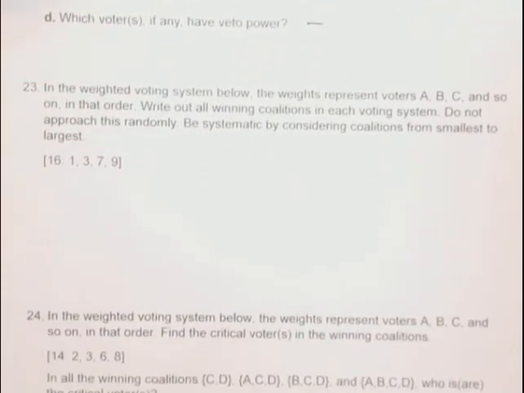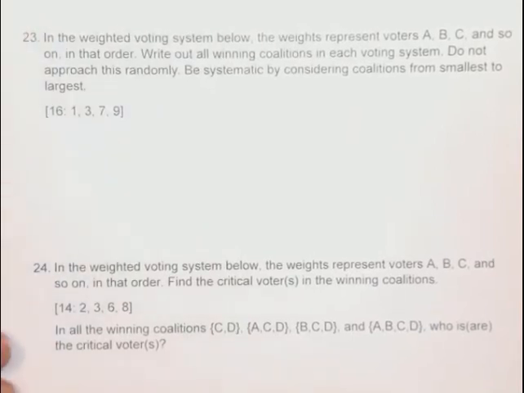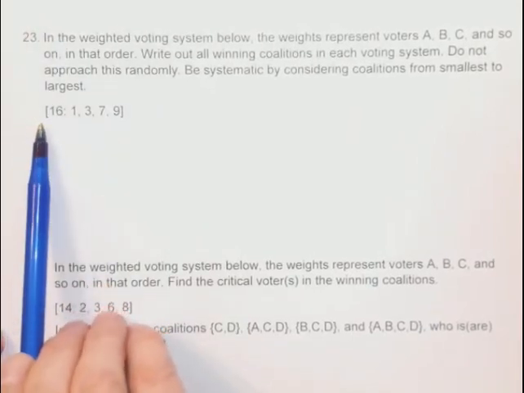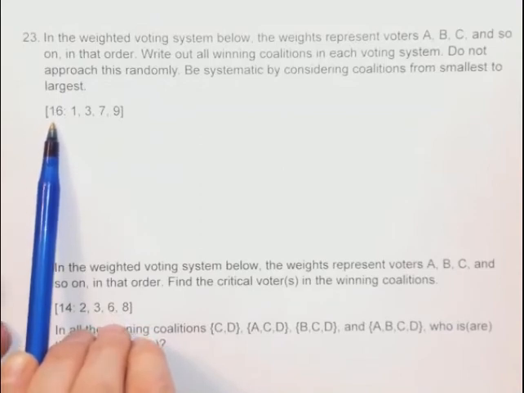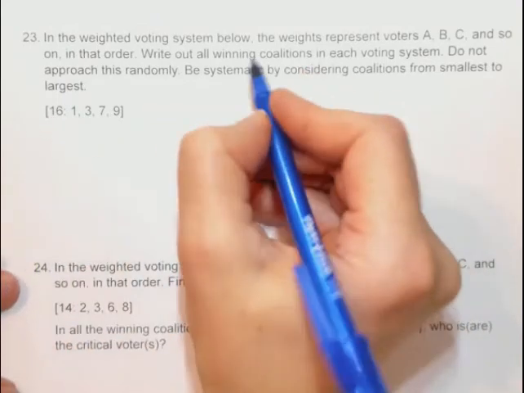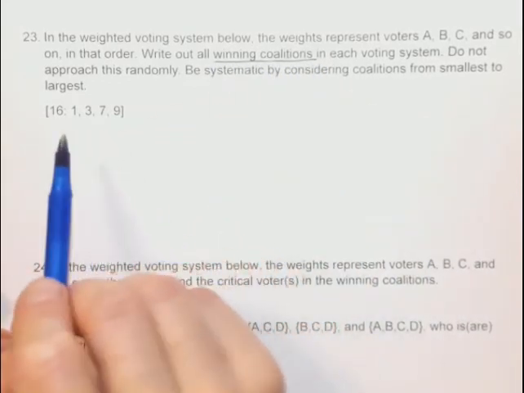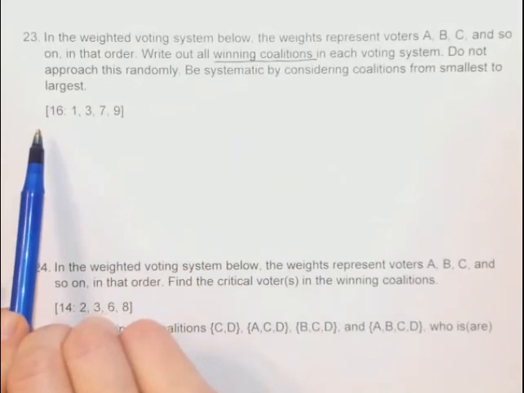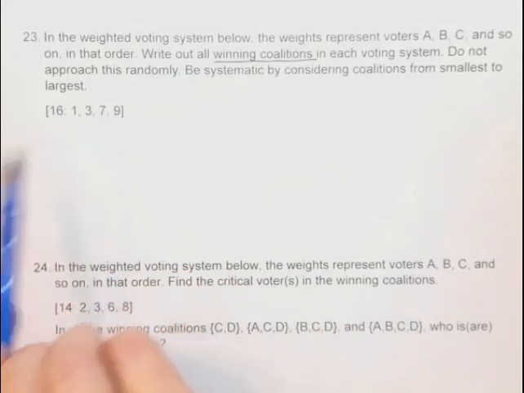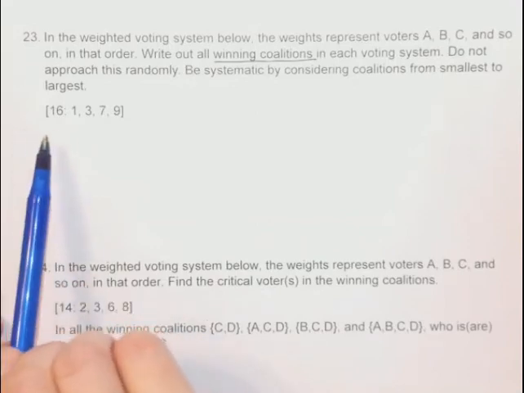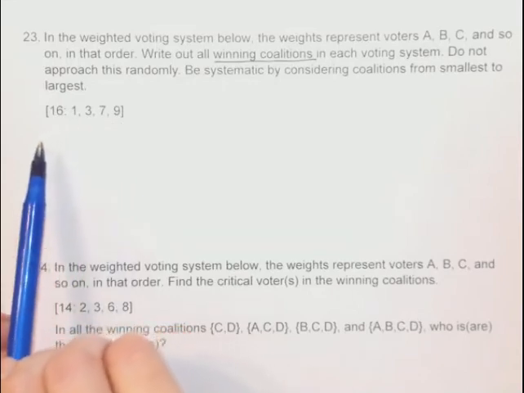Let us talk about critical voters and winning coalitions. In the next voting system, we have quota 16. We want to find winning coalitions. So if you want to list all the coalitions, we start with A, B, C, and D, with coalitions having only one member, but they all are not winning coalitions.